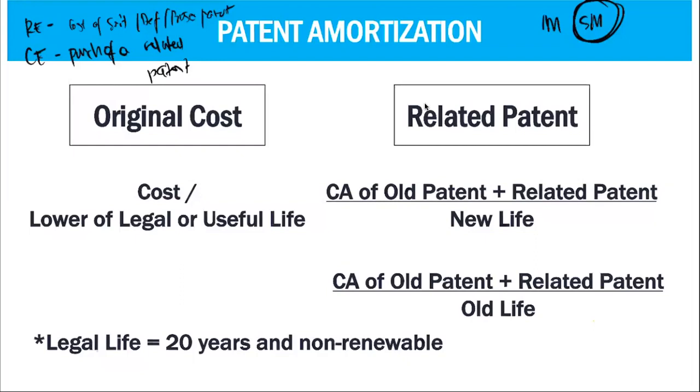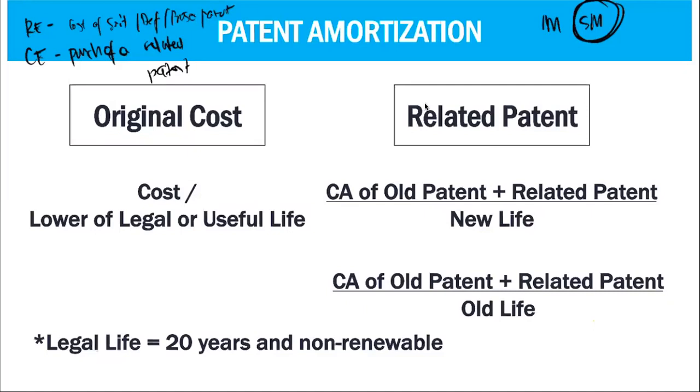Hence, the problem in your capital expenditure is that maybe there will never be another flow of future economic benefits. So you need to protect it. Since there is a future economic benefit because of the purchase of the patent, we will capitalize it. So the revenue expenditure is the cost of suit, defense or prosecution of patent, and the capital expenditure is the purchase of your related patent.